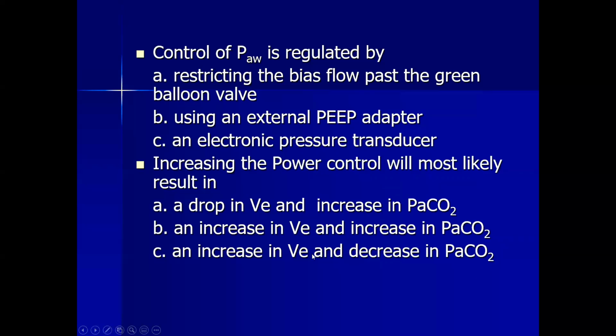How do you control the mean airway pressure? Restrict the bias flow past the green balloon. Use an external PEEP adapter. Use an electronic pressure transducer.